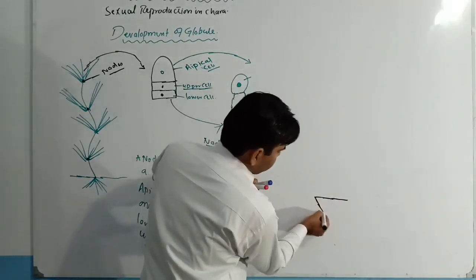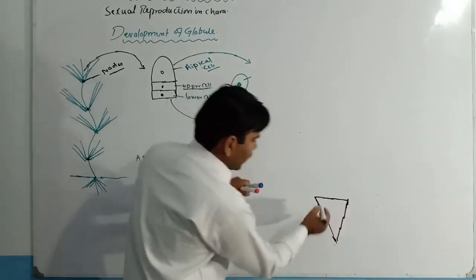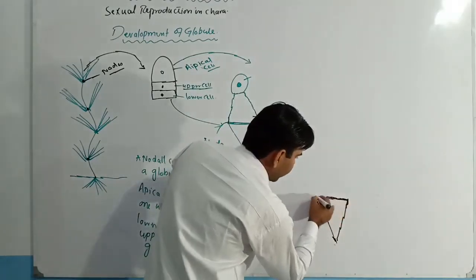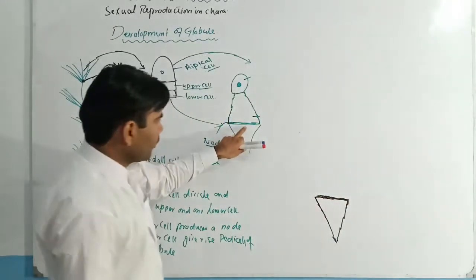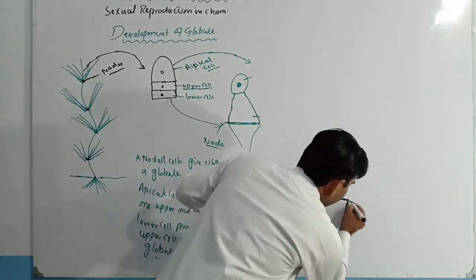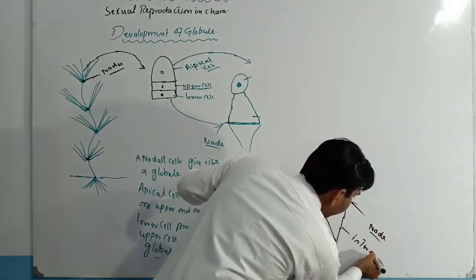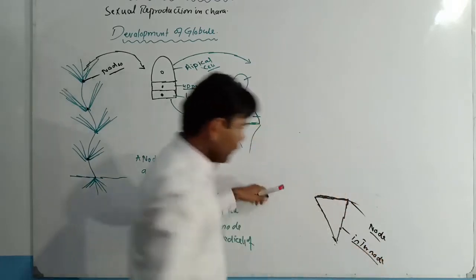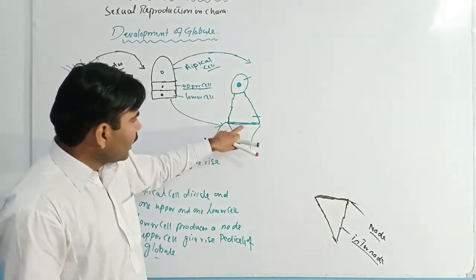Basically these are internodes, and here is a point, basically a structure which is formed. This is known as node. This is a node, this is an internode, and this is the internode, and this is a node.